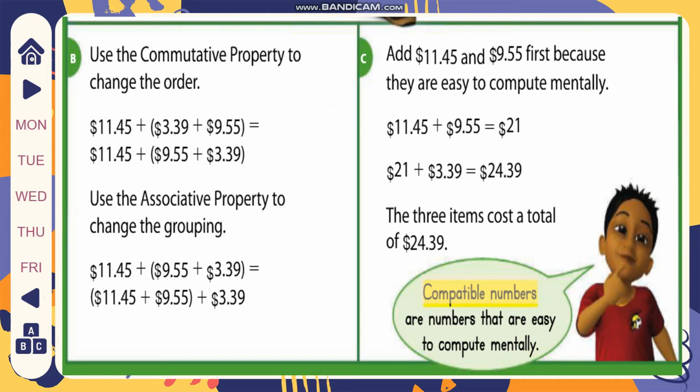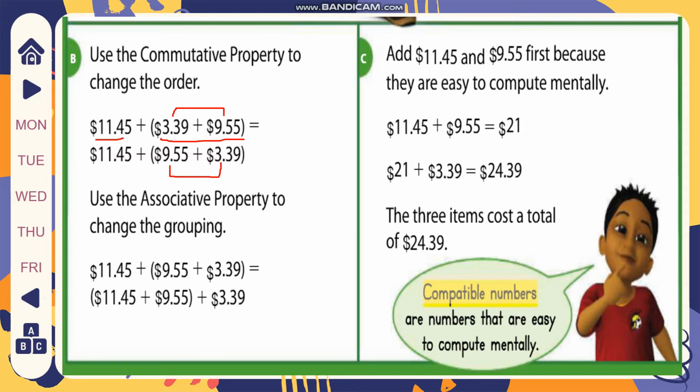Now, use the commutative property to change the order. As you can see here, 11.45 plus 3.39 plus 9.55. You can change the order of these two. Maybe you can make it 9.55 plus 3.39, but within the same group. That is using the commutative property to change the order.